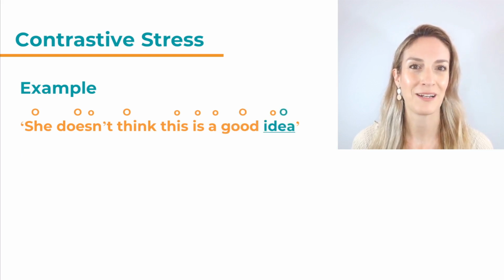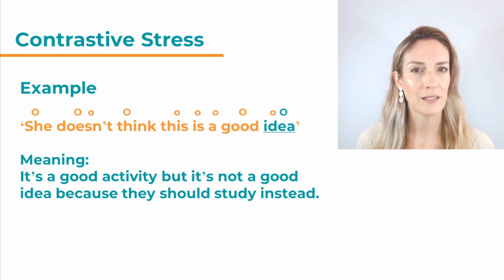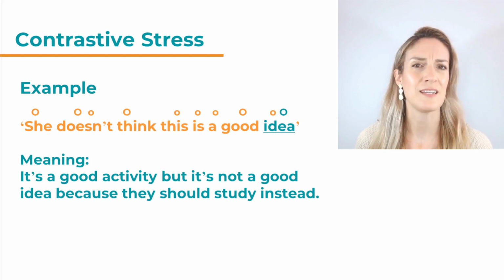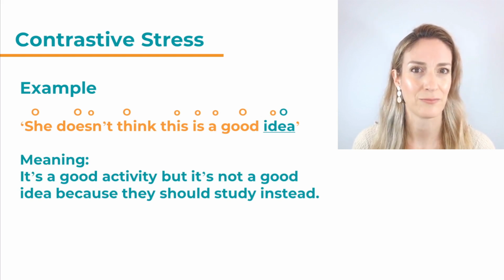And last but not least, we're going to stress the word idea. She doesn't think this is a good idea. Maybe here we want to imply it's a good activity in general, but it's not a good idea to do it because they should study instead.